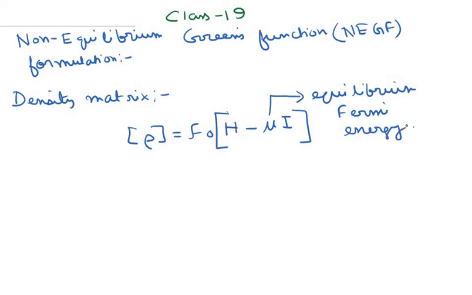Now we can readily convert it into a space basis. This equation we wrote assuming that this Hamiltonian H is written in the eigen energy basis or eigenfunction basis of this Hamiltonian.